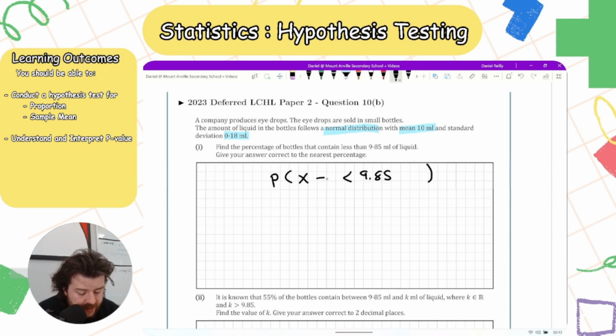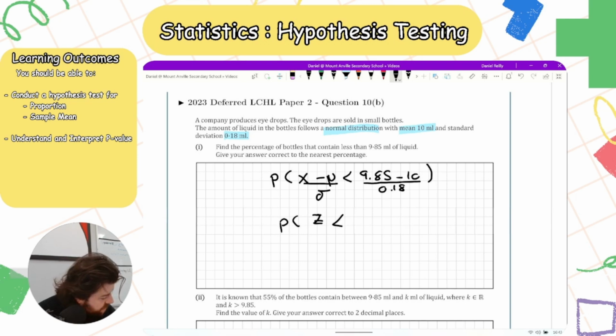Standardize this: minus the mean, divided by the standard deviation. The mean is 10, and the standard deviation is 0.18. I get the probability that Z is less than minus 0.83.